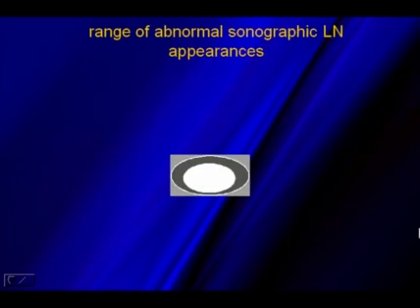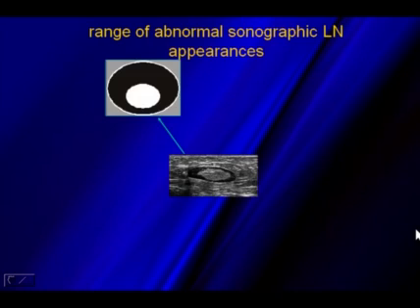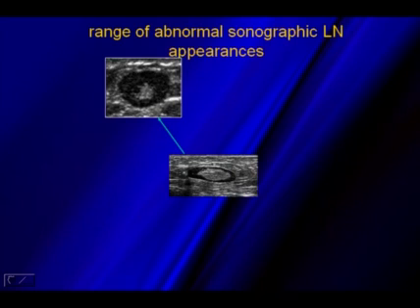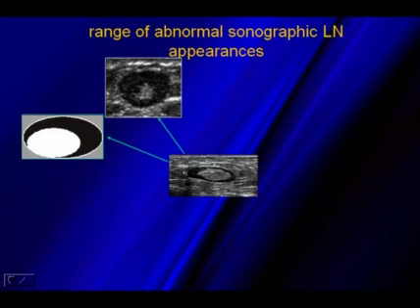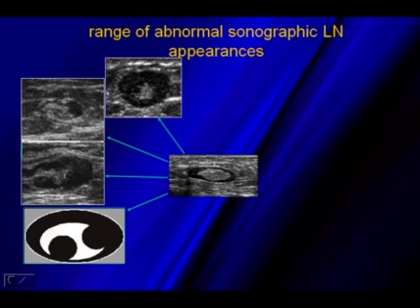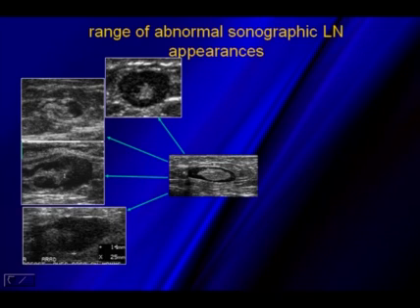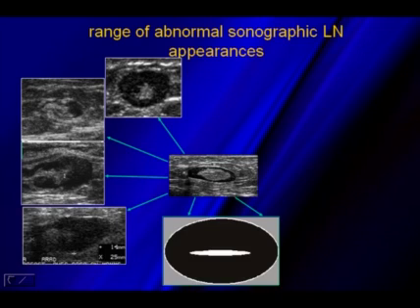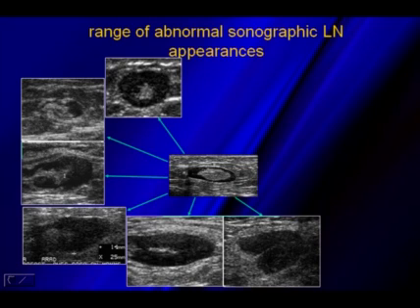Now, there's a range of abnormal sonographic appearances that we'll see with a lymph node. In the center, we have a perfectly normal lymph node. Then what we will notice is that sometimes you might see a lymph node where just the cortex is thickened all the way around. You may have it where you see just portions of the cortex being thickened or abnormal. You may have a lymph node that looks like there was a rat bite taken out of it. You may have ones where the cortex gets so thick that it compresses the fatty hilum centrally.